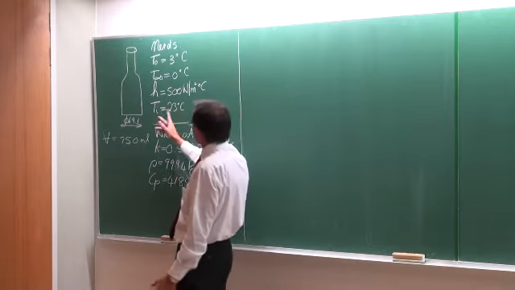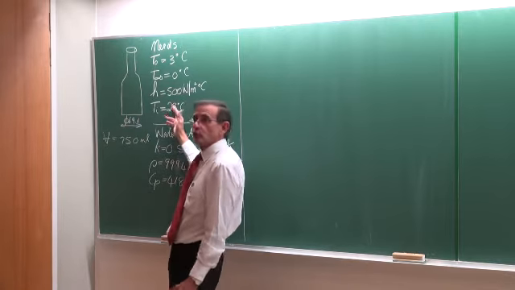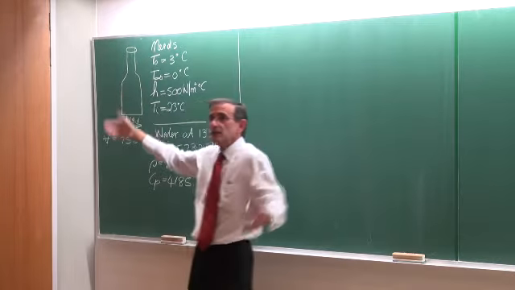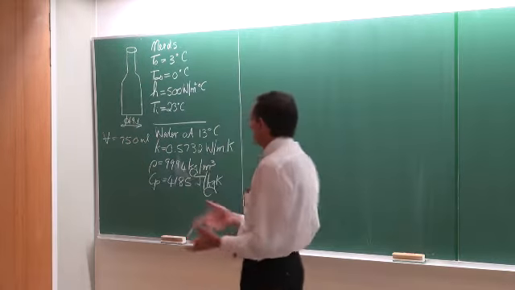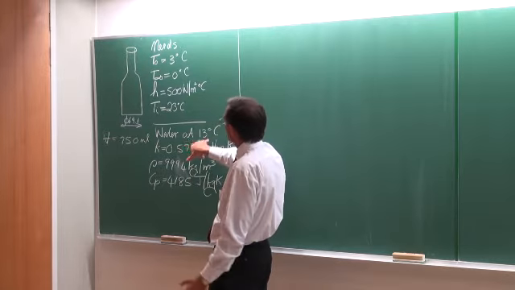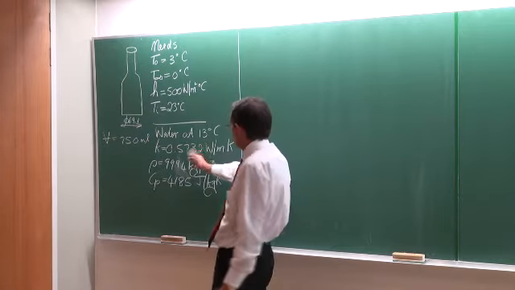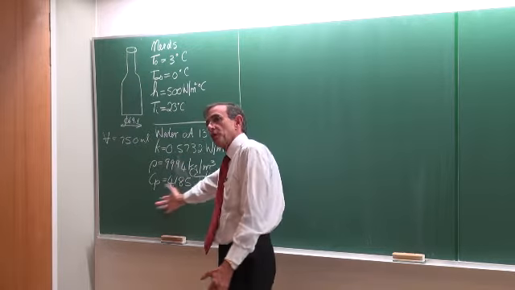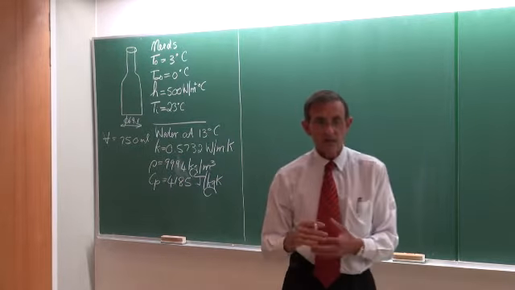Now, the wine is going to be cooled from 23 degrees Celsius to 3, so it is a temperature difference, and the average temperature in between, if we take the average, would be about 13 degrees Celsius, and that is why I've selected the properties at 13 degrees Celsius.